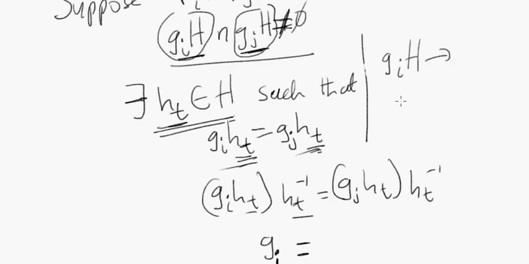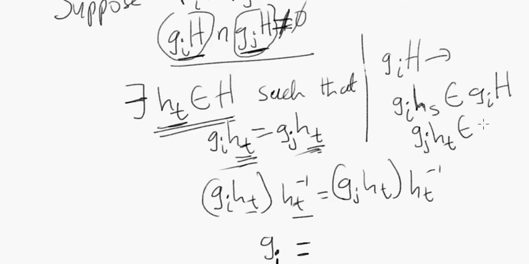GI HS is some element of GIH. Also, some other element of GJH could be something like GJ HT, an element of GJH, right? This is an example of an element that's in GIH. That's an example of an element that's in GJH.